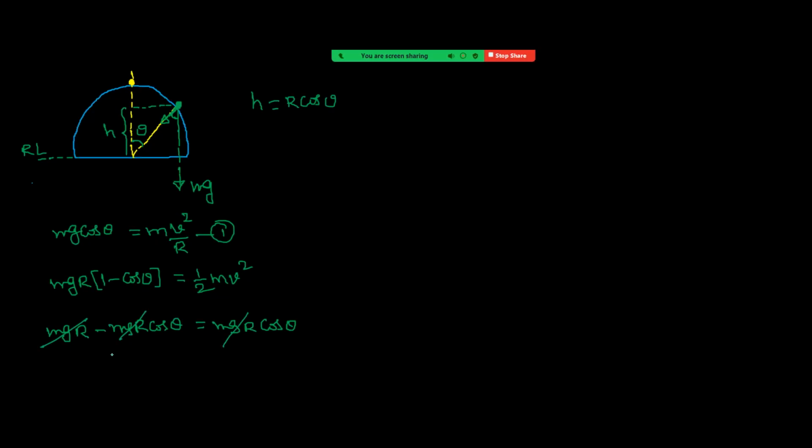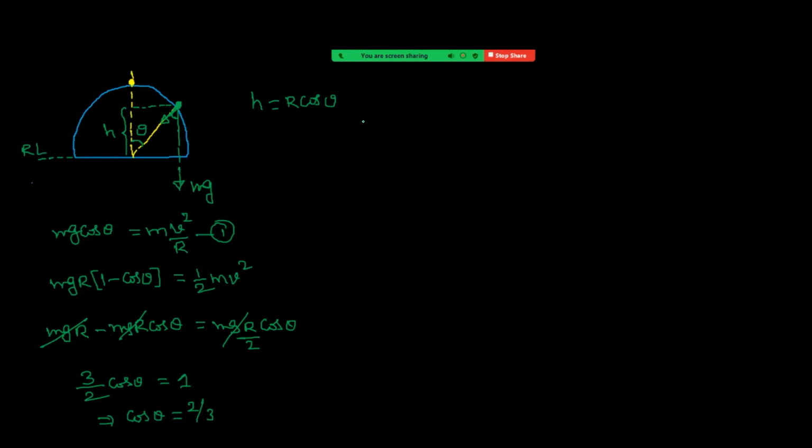Remaining, I can take cos theta to the right side. Then it is 1 by 2 plus 1, which is 3 by 2. So 3 by 2 cos theta is equal to 1. From this, cos theta equals 2 by 3.